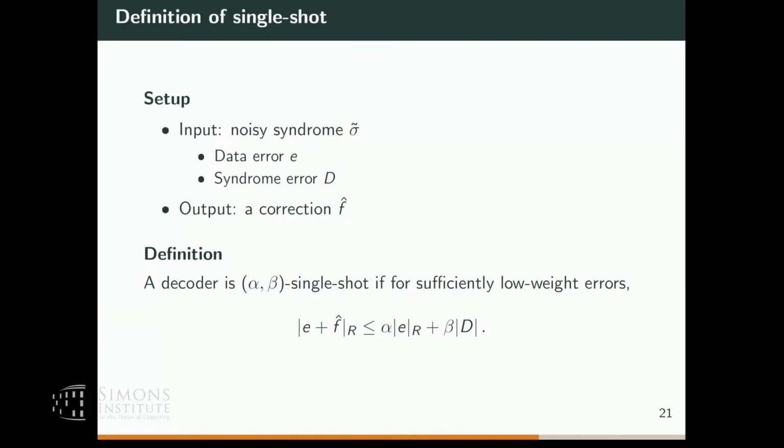The subscript R here means that it's the stabilizer reduced weight, meaning that we can add any stabilizer to take the least Hamming weight possible. This is just because the errors are really only defined up to stabilizers. Okay, so this is the definition of single shot that we use.